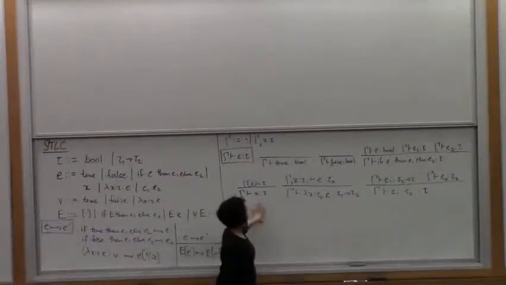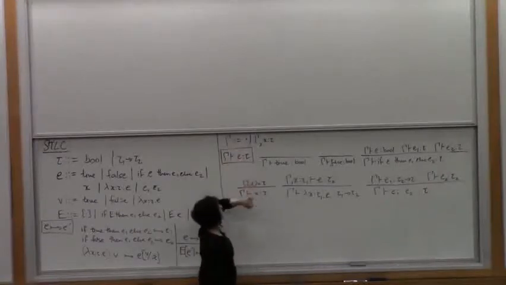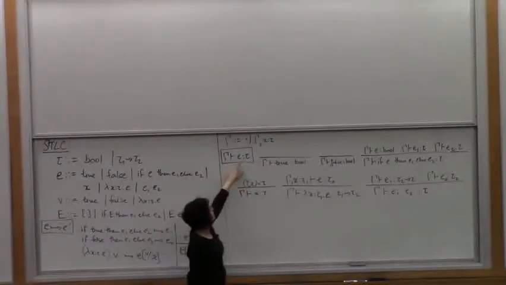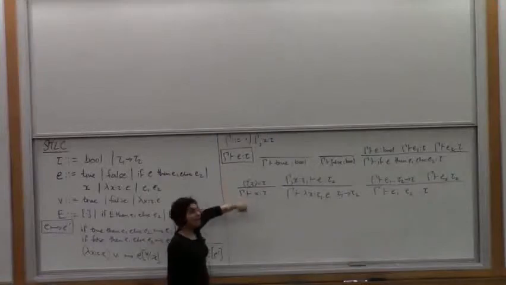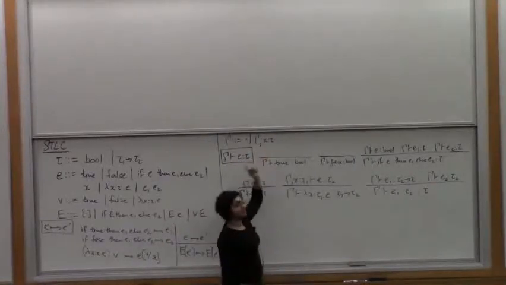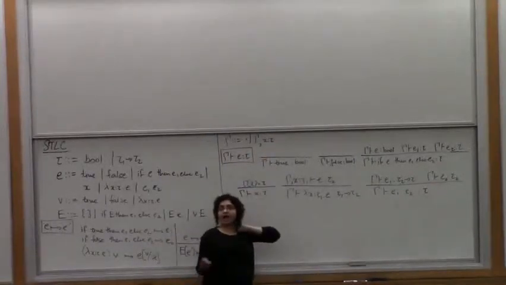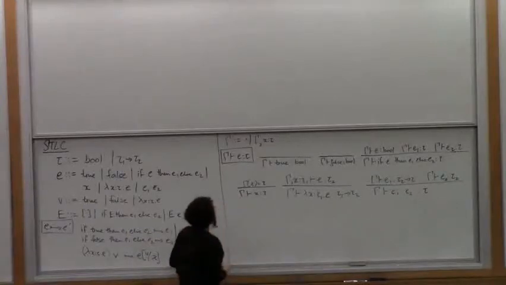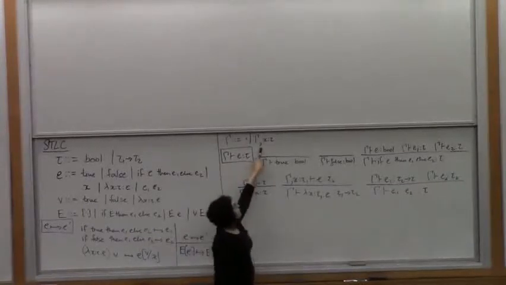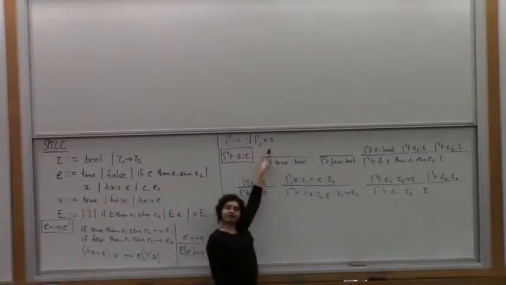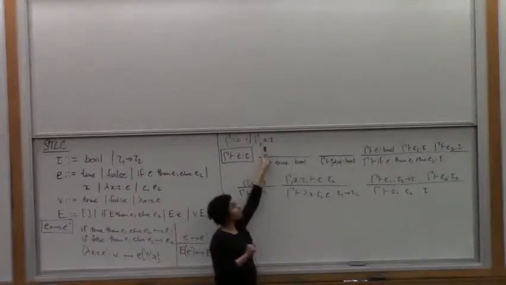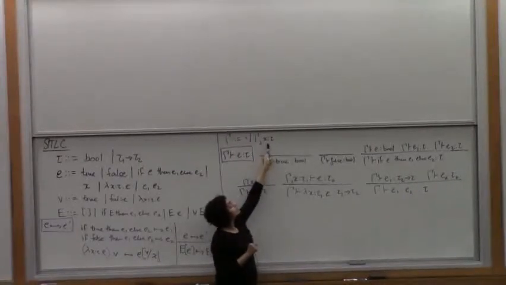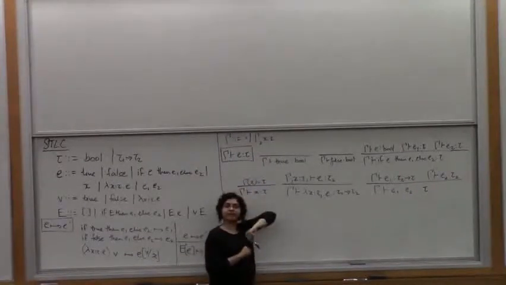Let's look at typing rules. The form of the typing judgment is that E has type tau under environment gamma. Gamma is a mapping from variables to types tau. Let me mention a convention: whenever I write gamma, x colon tau, I'm going to interpret that to mean disjointness, that x does not occur in the domain of gamma.